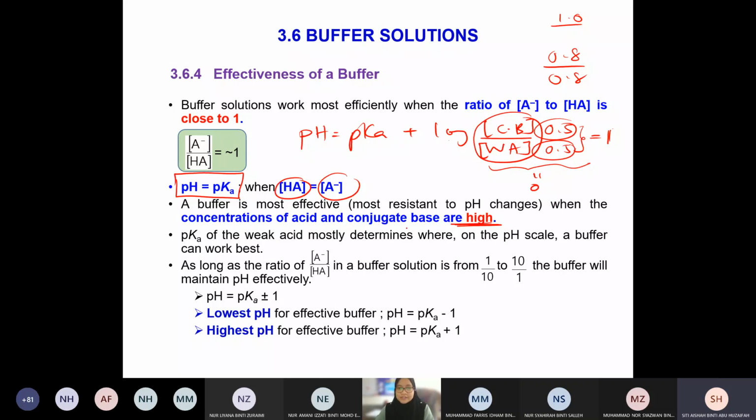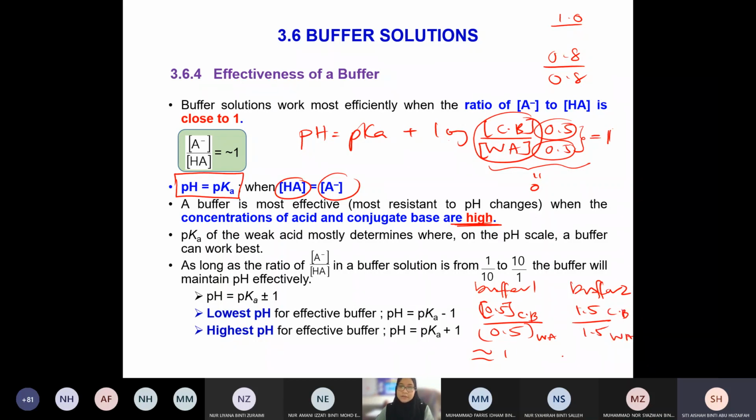So if the concentrations of these two are high, it means the more acid or base that is added, it can counter. Just imagine you have buffer 1 and buffer 2. The concentration of weak acid is 0.5 and 0.5. The weak acid is at the bottom, and the conjugate base is on top. Just 0.5, still the ratio is 1, right? But buffer 2 is 1.5. Again, this is the conjugate base, this is the weak acid.